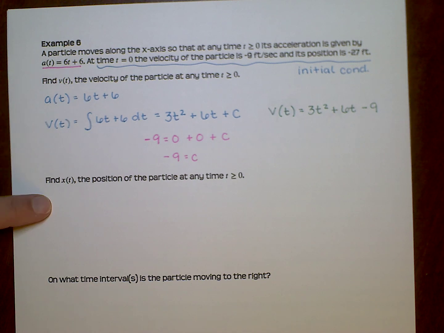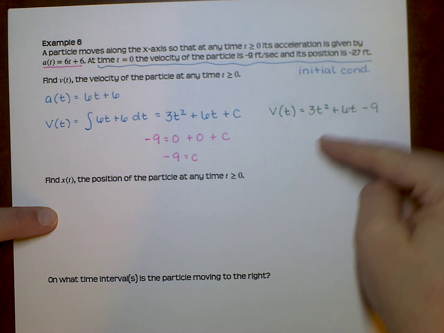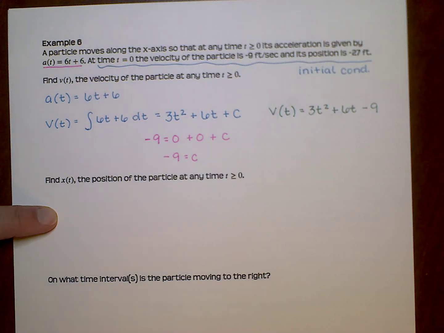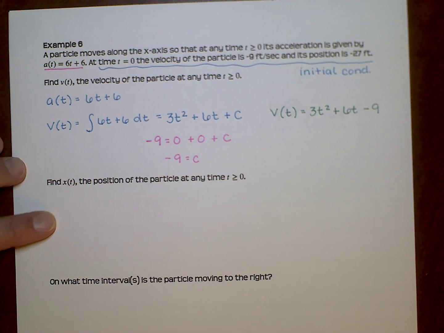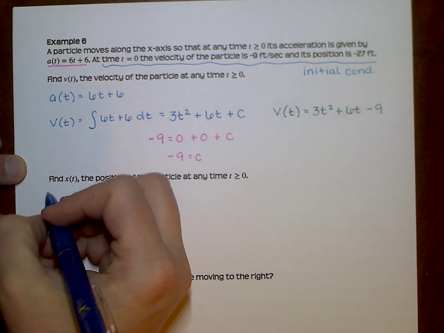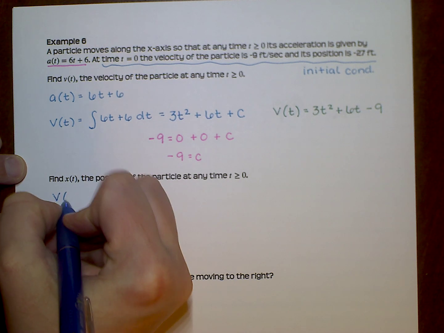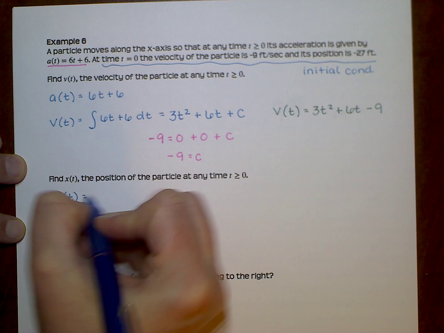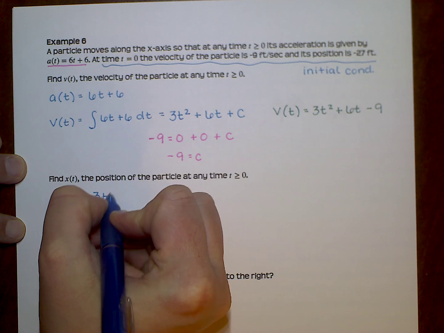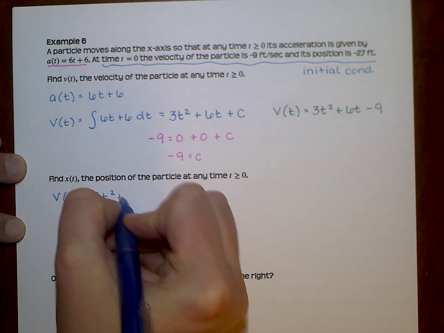Now we're going to find the position function, and the position function is the antiderivative of the velocity, right? So I'm going to do this very much the same way as what I just did. I'm going to start with my velocity function. I probably didn't need to rewrite it, but I was trying to match what I did up above.